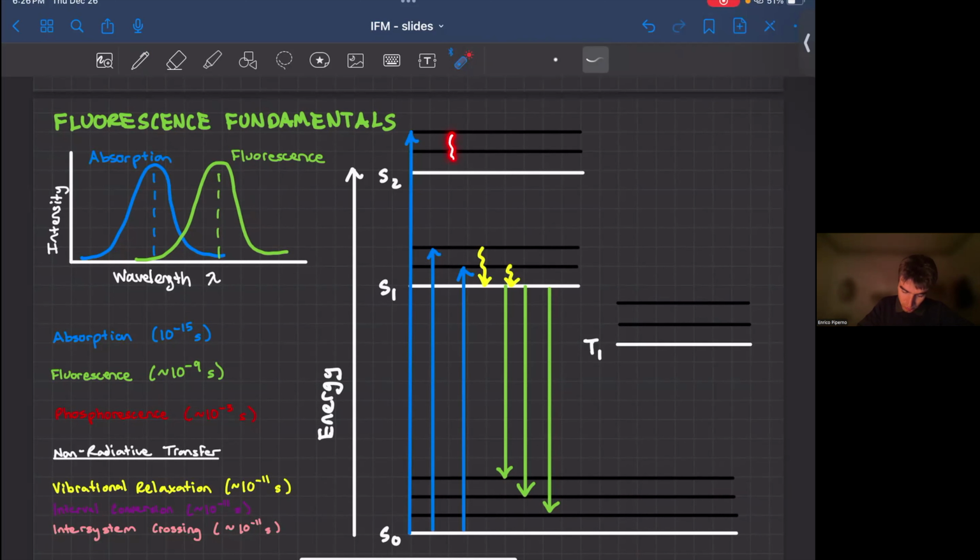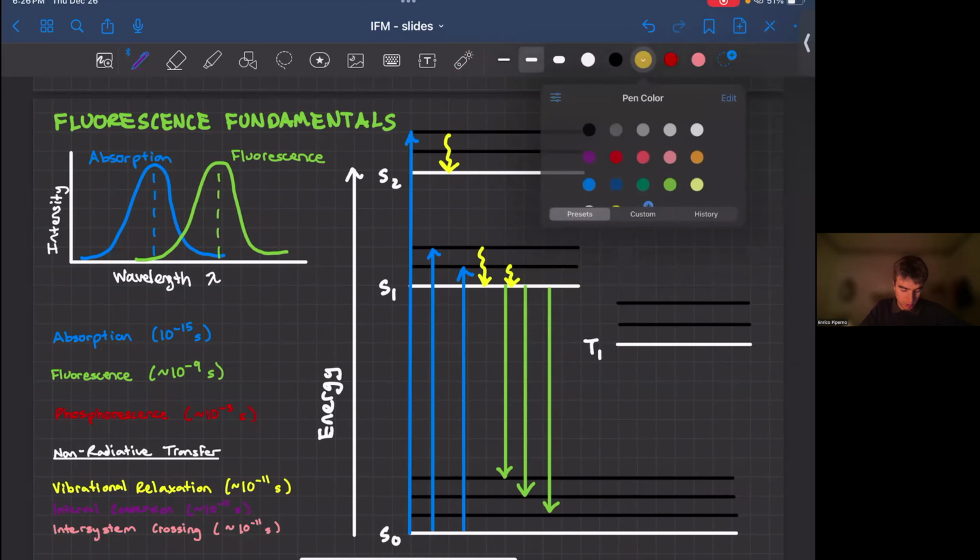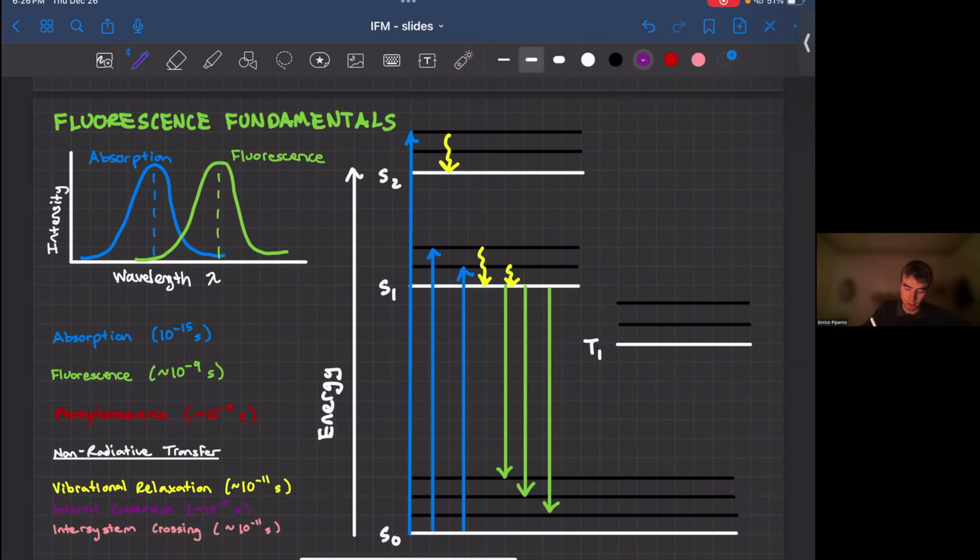This can also occur at S2. The second non-radiative transfer is internal conversion, which happens from higher excited states down to the lowest excited state. Once again, this also happens faster than fluorescence and is why fluorescence dominates from the lowest vibrational energy level of the first excited state.